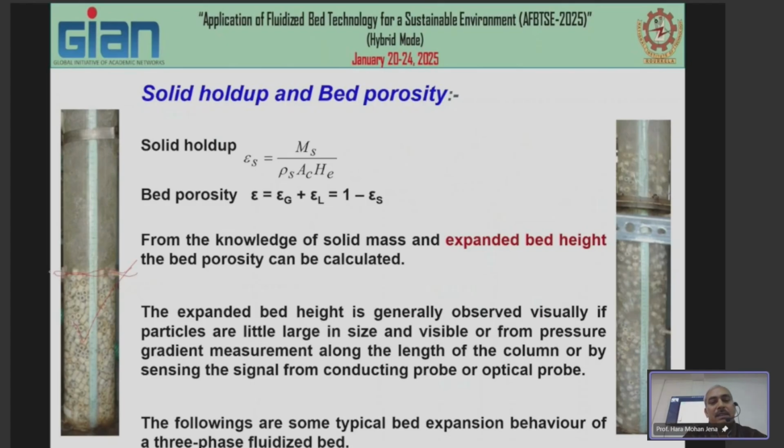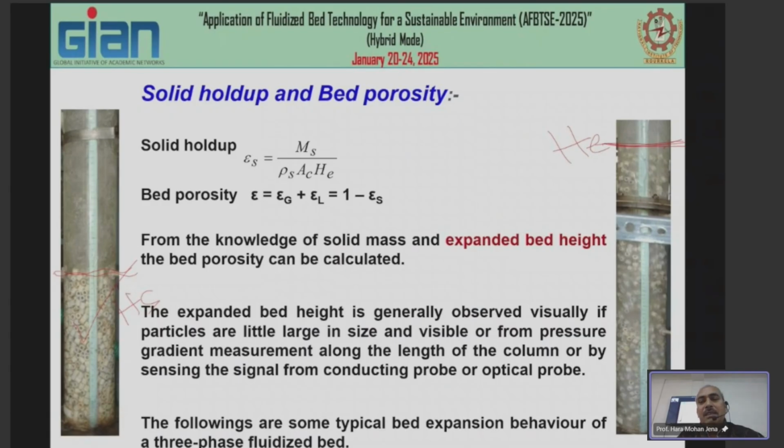So as you increase the liquid and gas velocity, your bed gets fluidized, solid particles are suspended. Now the height of the bed is this. So the height of the bed increased. This is nothing but the expanded bed height, HE we can write. And this is HS, the static bed height. So the ratio of HE to HS is nothing but the bed expansion ratio.